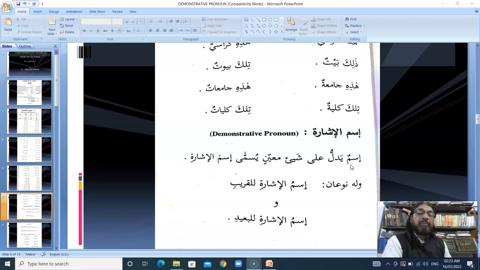Demonstrative pronoun is a word which is being used to point out a particular person or things. وله نوعان, and it is divided into two kinds. اسم الإشارة للقريب, demonstrative pronoun for near indications, واسم الإشارة للبعيد, and demonstrative pronoun for far indications, for distant.